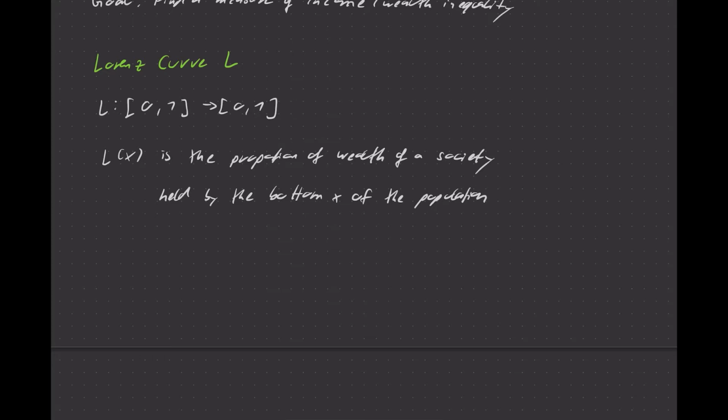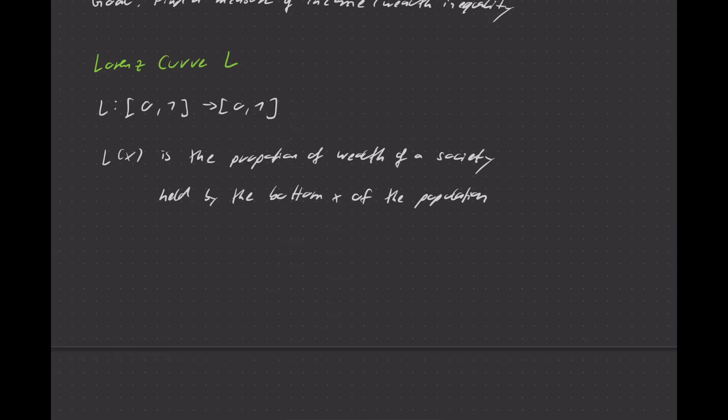So imagine the population is sorted by wealth or by income, and then at x, at 10%, 20%, 50%, we just make a cut, and we sum up the wealth up to this point. That is L of x.